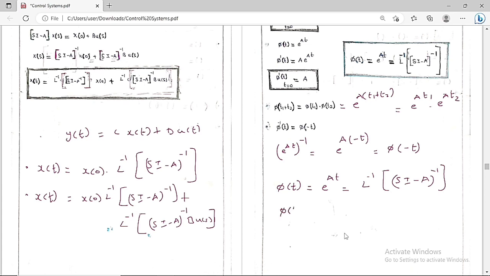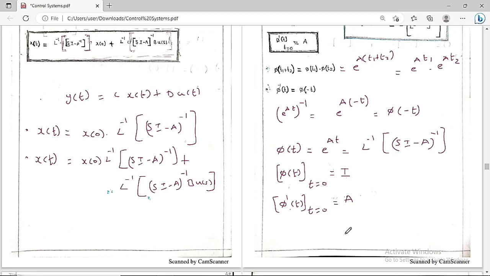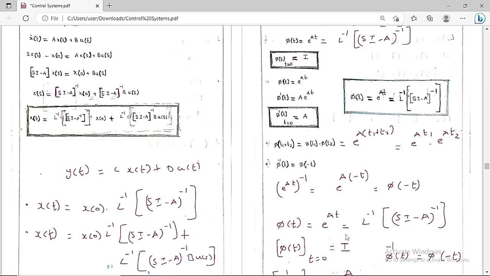Phi of t at t equal to 0 gives the identity matrix, and phi dash of t at t equal to 0 gives the matrix A. Similarly, phi of t1 plus t2 is always equal to phi of t1 into phi of t2. And phi of t whole inverse is nothing but phi of minus t. This is something you always have to keep in your mind.